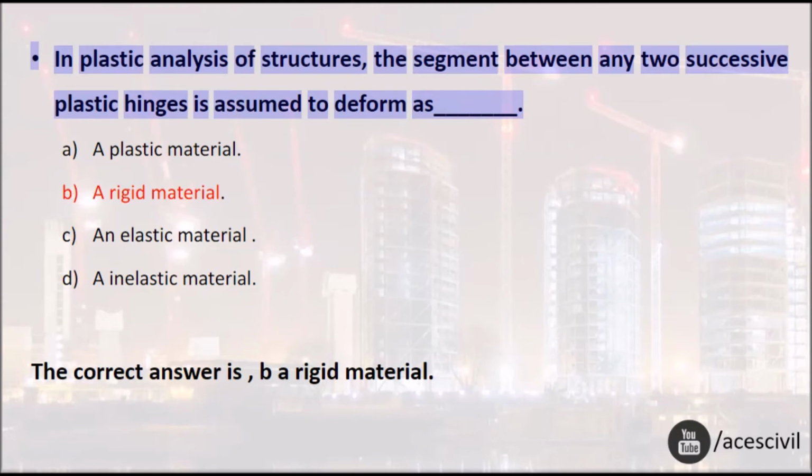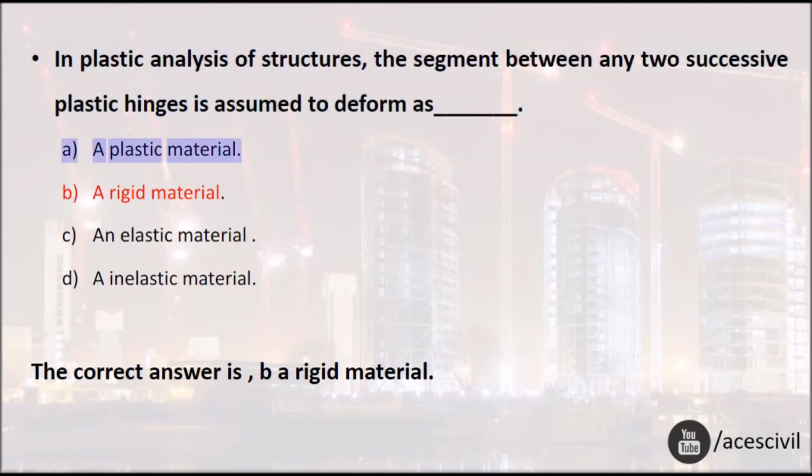In plastic analysis of structures, the segment between any two successive plastic hinges is assumed to deform as A. A plastic material, B. A rigid material, C. An elastic material, D. Inelastic material.